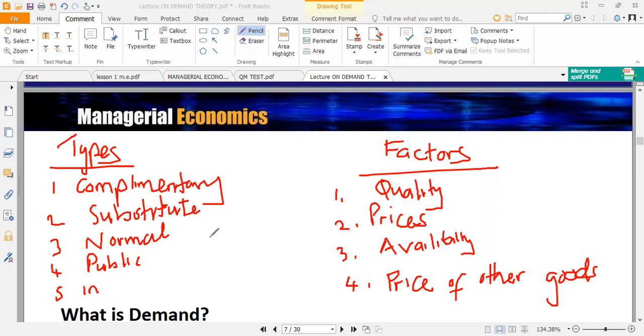What are other goods? We have what are called given goods. We have public goods. We have merit goods.